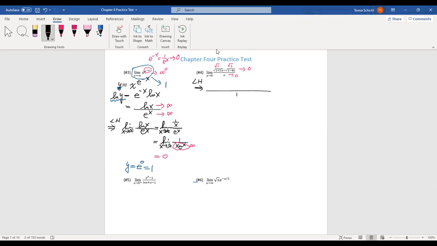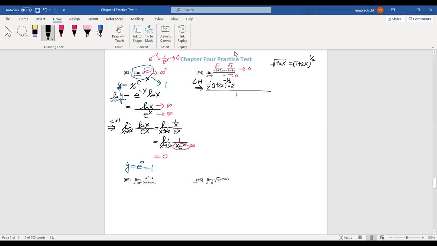So the derivative of the bottom is 1. Then we have the square root of 1 plus 2x; let's say this is 1 plus 2x to the 1/2, right? So we take the derivative. This will be 1/2, and then 1 plus 2x to the negative 1/2. Don't forget the chain rule, right? So it's times 2.